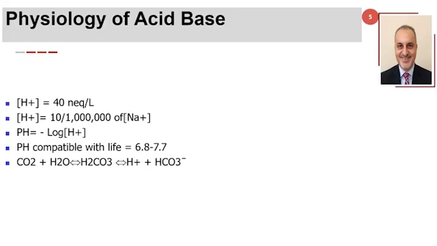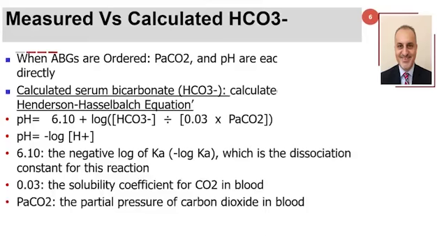Just to remind you of the equation: CO2 with water, with the help of carbonic anhydrase, gives carbonic acid, which dissociates into hydrogen and bicarbonate. What is the importance of hydrogen ion and pH? Before we go there, as my colleagues said, when you send an ABG, you usually measure the hydrogen ion concentration and at the same time the PO2 and PCO2. The tricky part is the bicarbonate level. There are two bicarbonates that are reported.